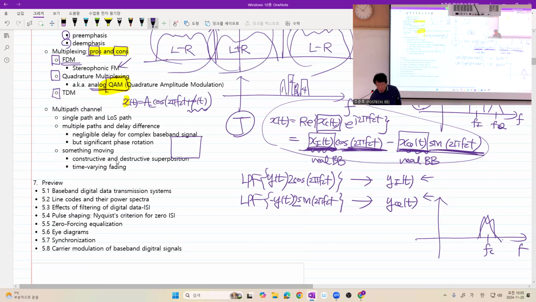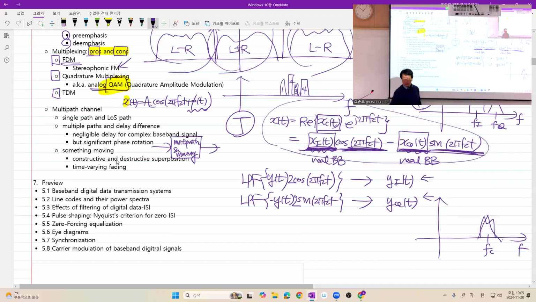If our channel, the realistic radio propagation channel, has multipath, which means that it's not a free space transmission, and also something's moving, there is some motion of, for example, the transmitter or receiver or scatterer or diffractor.